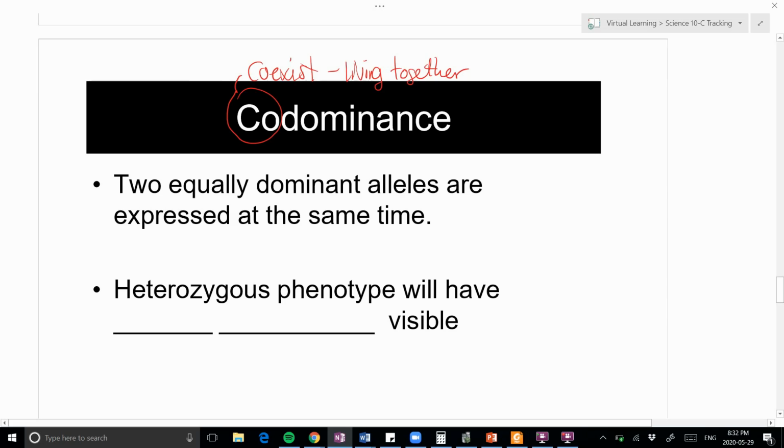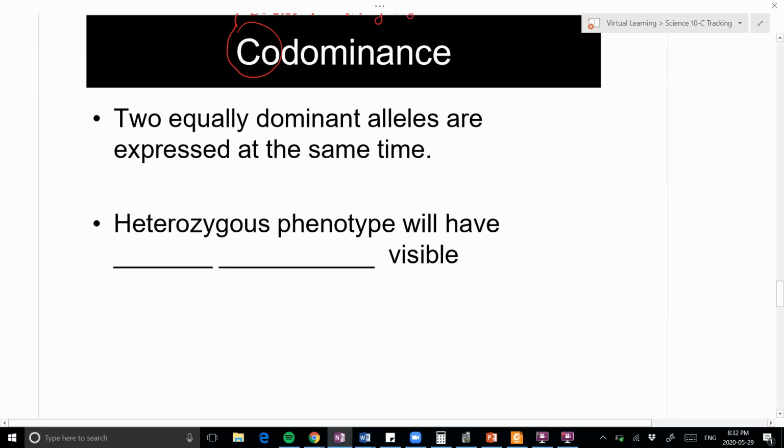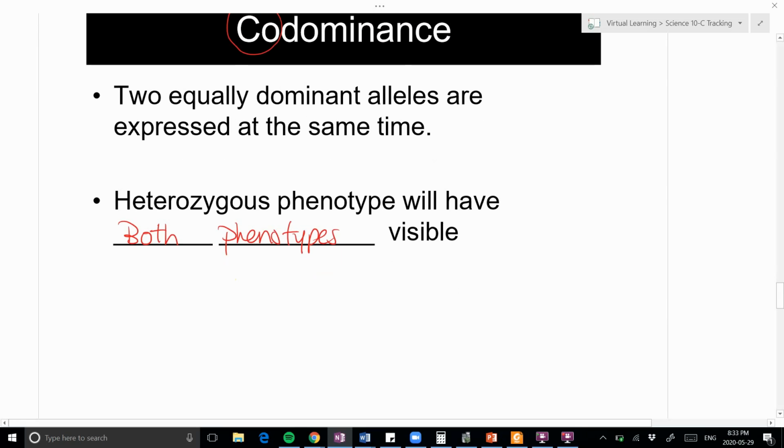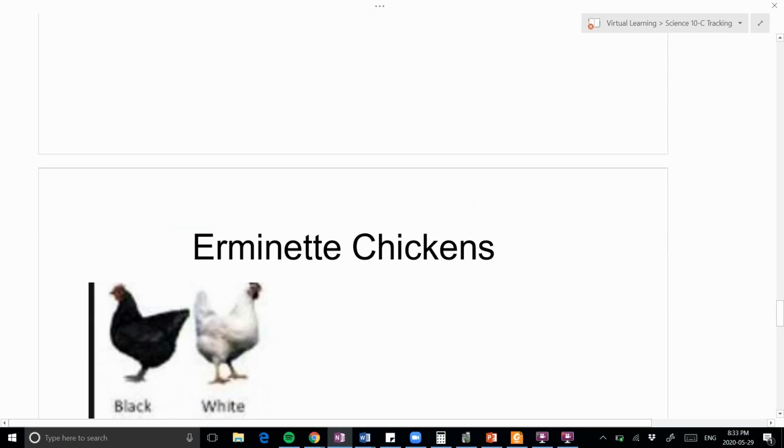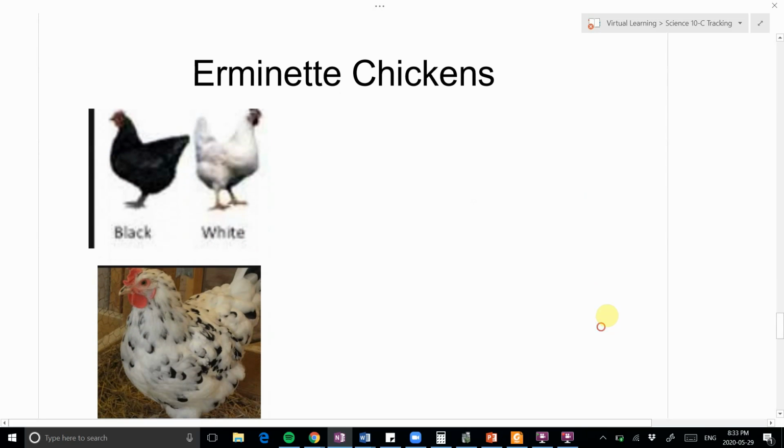So with codominance, they're both being expressed at the same time. So we can actually see both of those original phenotypes in the offspring. So the heterozygous phenotype will have both phenotypes being visible. So if we had black and white, we get spotted. So we see that in these Erminette chickens.